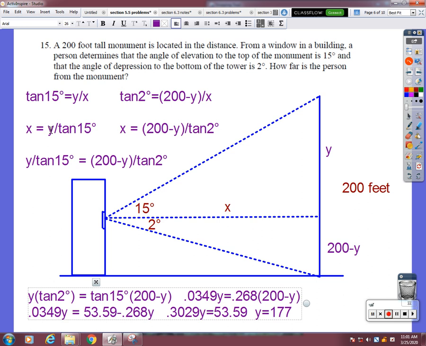I'm going to choose to plug it into this one right there. So we know that x is equal to y divided by the tangent of 15 degrees. So that means 177 divided by the tangent of 15 degrees equals, okay, so we're about 660 feet away from the mysterious monument, whatever that is.